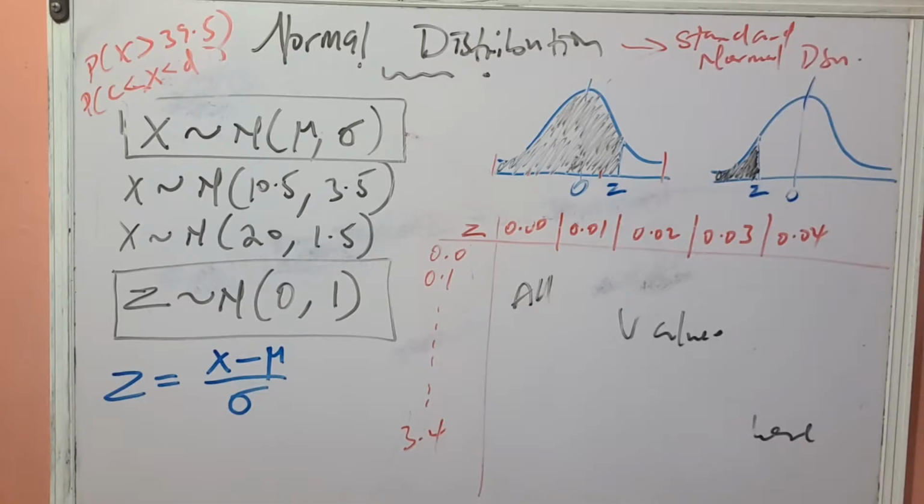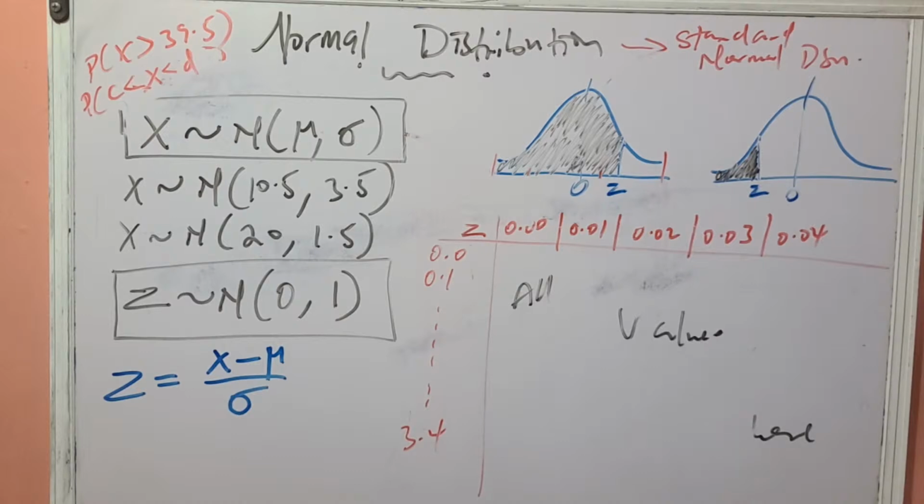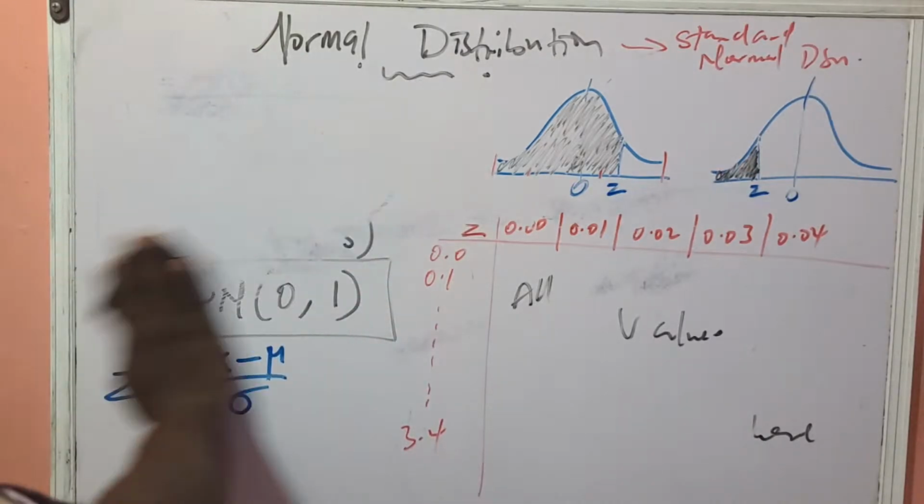Probabilities. Good. Let me now explain how to read this table. If you have understood what I just said, let's get into knowing how to read values with a curve given using these tables. Very, very simple. Now you can already understand the reason why we have these different tables, because we're going to be having different values.